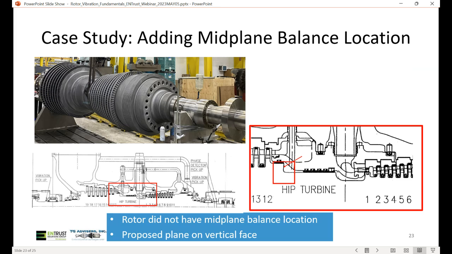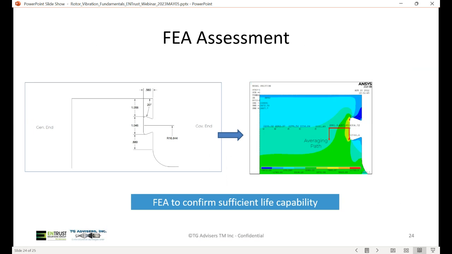In this case, a proposed location was found on which a vertical balance plane could be added. A simple FEA assessment was completed to determine that that location was appropriate for a balance plane to be added. Our FEA assessment determined there was sufficient life capability in this location, and the balance plane was added.